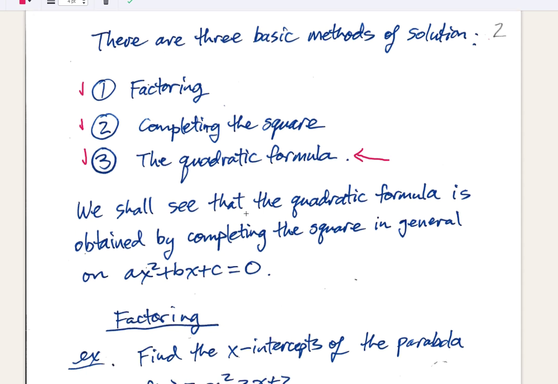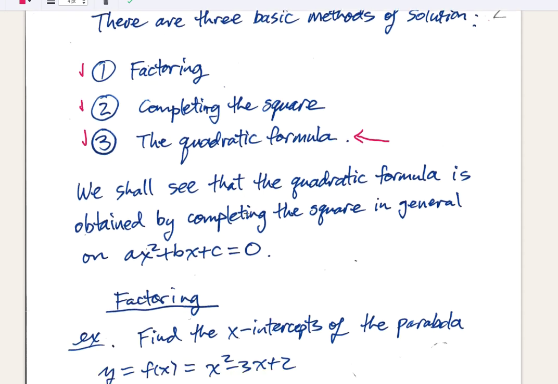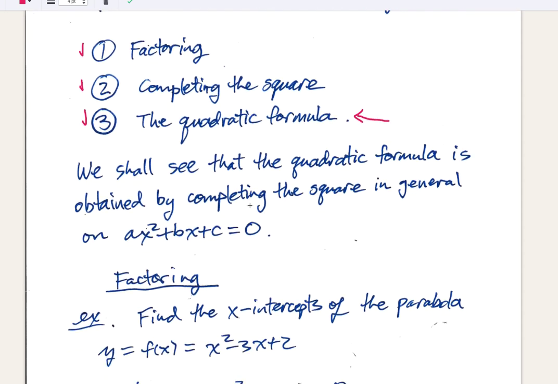Oh, by the way, the quadratic formula is actually obtained by completing the square in general, okay? So we're going to complete the square on that general ax squared plus bx plus c equals 0, and that will generate the quadratic formula for us. But again, that's going to be a separate video.